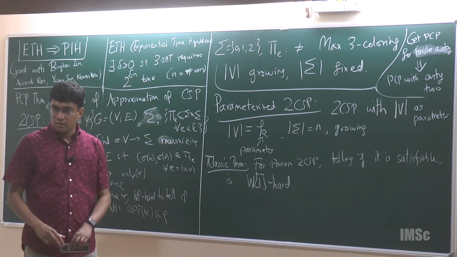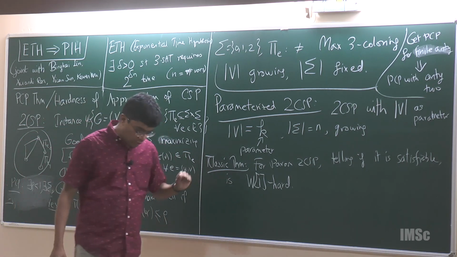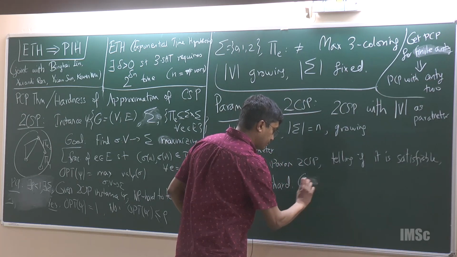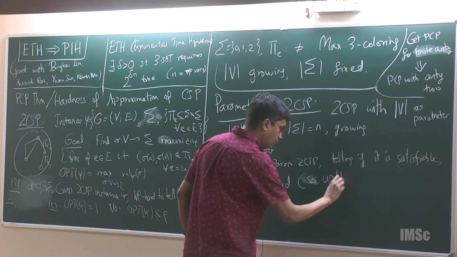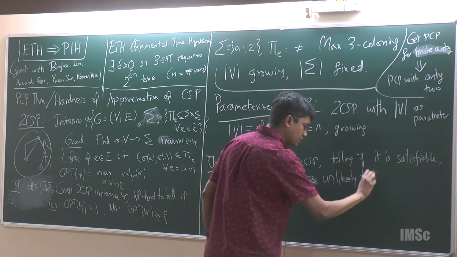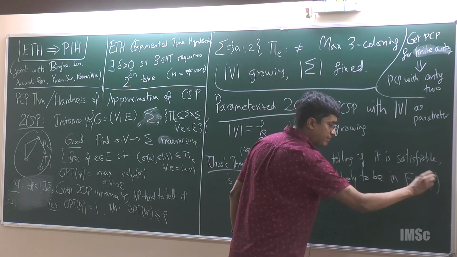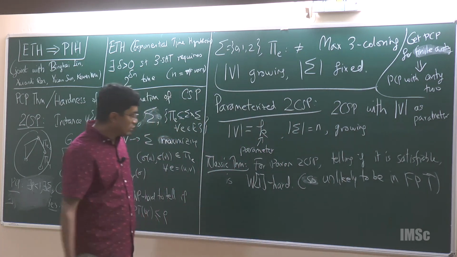It's not too important what W1 hard is, but it basically means it is unlikely to be in FPT, and I'll say what that is in a second. So it's unlikely to be fixed parameter tractable.